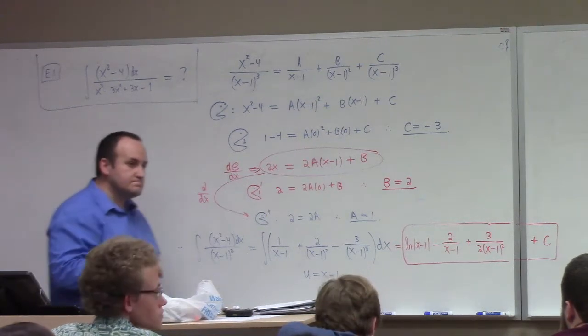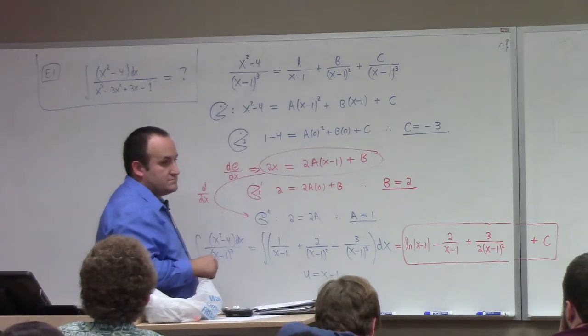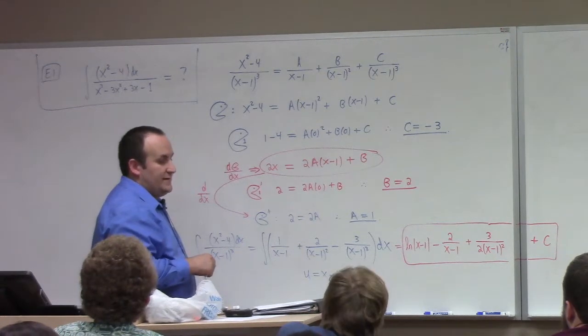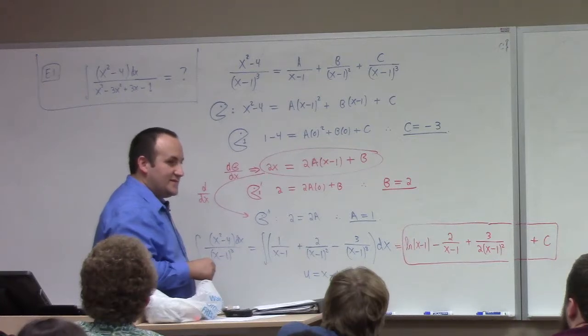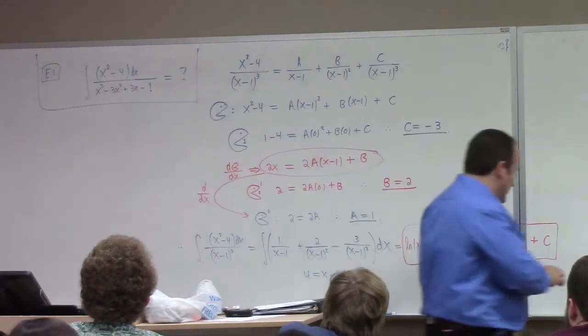Yeah. How did you know in the beginning to, instead of doing cx plus d, like how you sometimes do? That is part of the partial fractions decomposition. There's two different things that can happen.